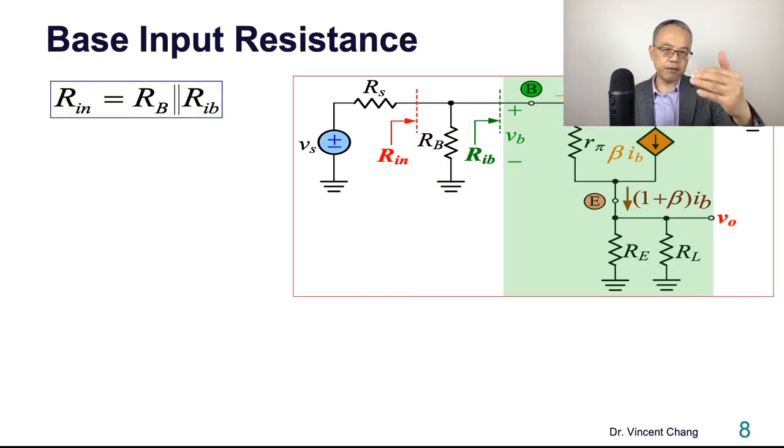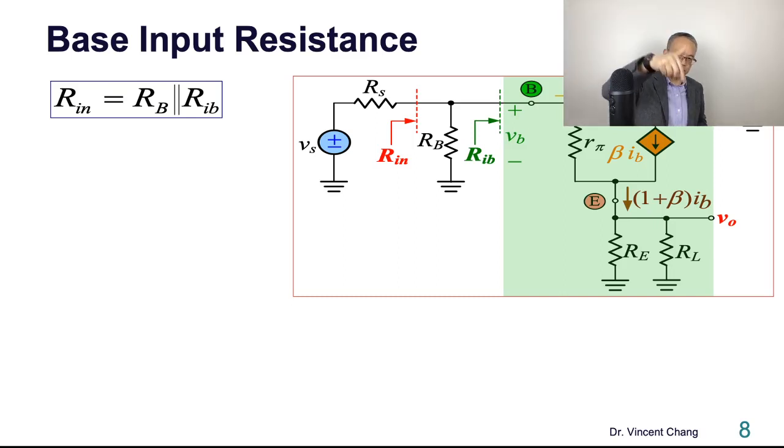So the Rib should be equal to the series combination of two things, right? The first one is R pi. The second component is the parallel combination of RE and RL. But be careful of this. Are the currents flowing into these two components the same? No, they are not.